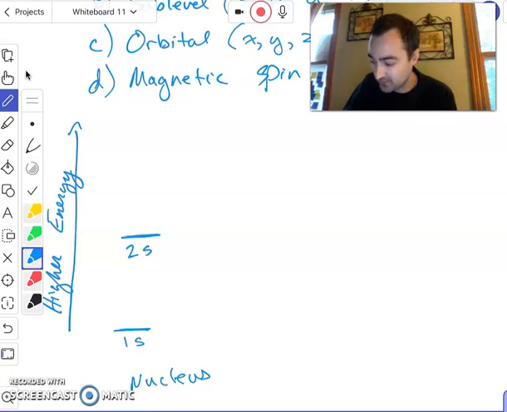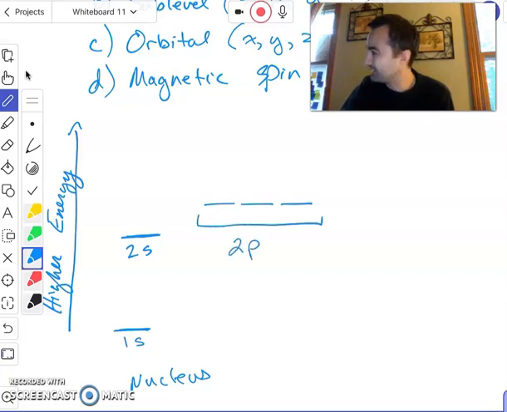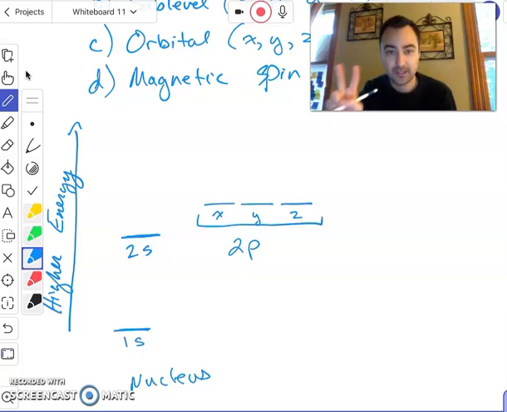The second energy level also has the P sublevel. All three of these lines represent the P sublevel, and each of these lines represents an orbital. The first principal energy level has one sublevel. The second principal energy level has two sublevels.